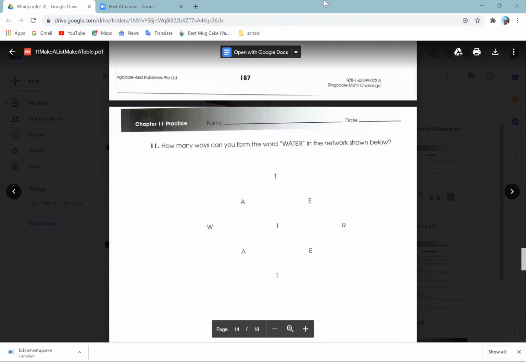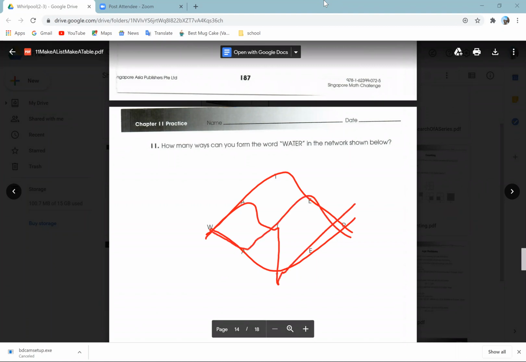Water. So this is basically almost the same as the one with the mayor. So I'm going to go ahead and do this. Water, water, water, water, water, water, water, water.